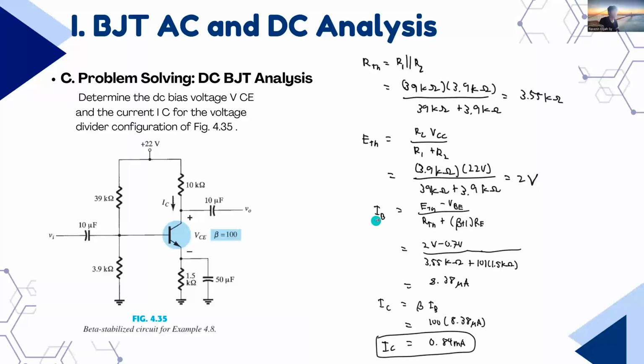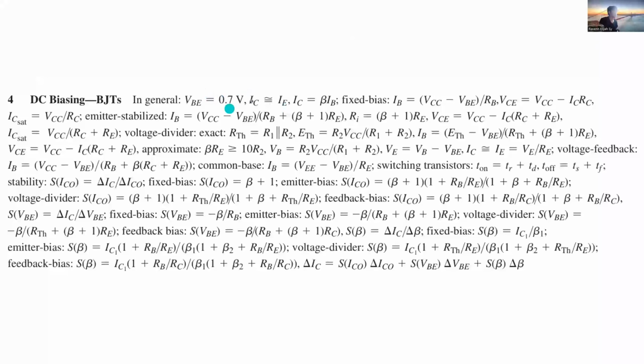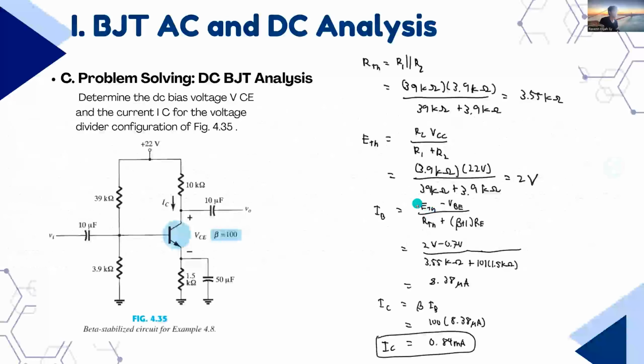Next, IB. So we follow the formula: ETH minus VBE, where VBE is 0.7 here. And then we apply the values we have obtained. The RTH, and RE is the resistor at the emitter, which is 1.5.